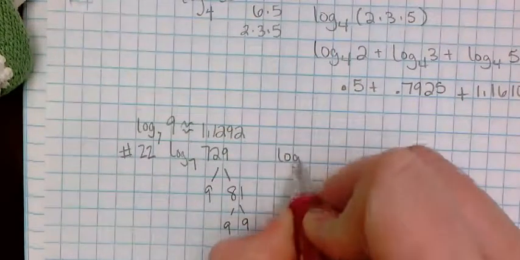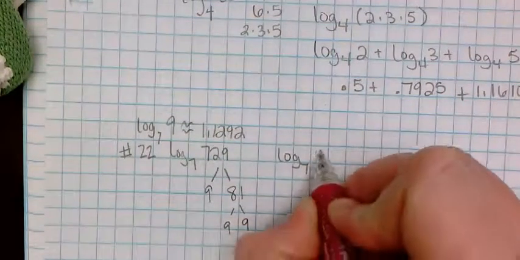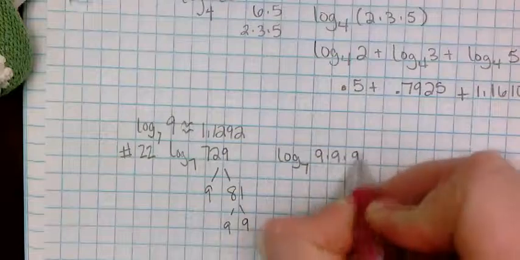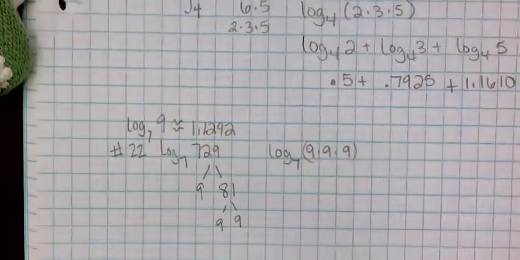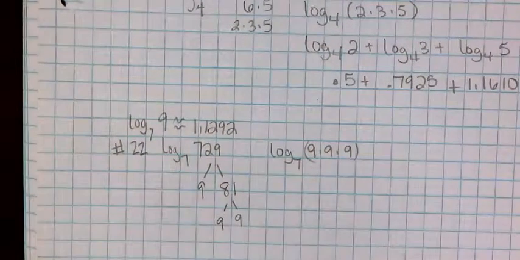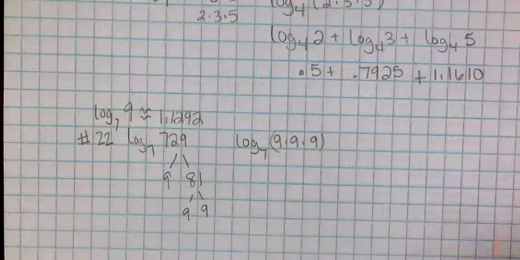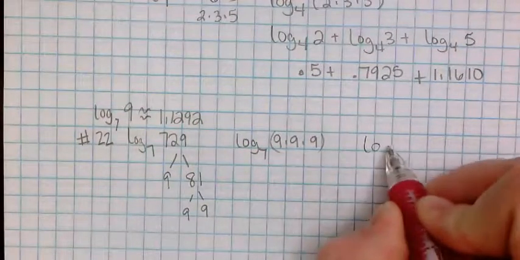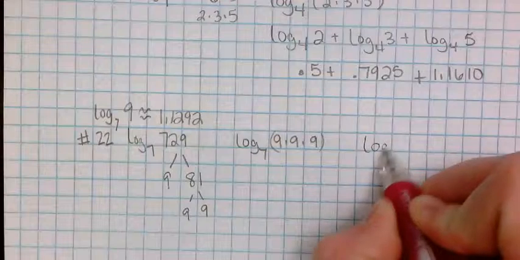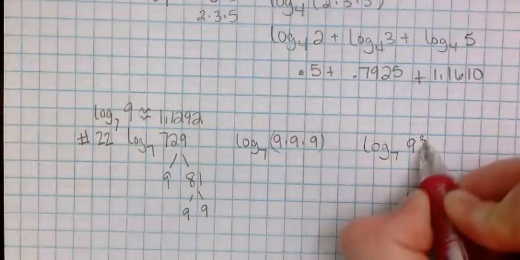So you can have log 7 of 9 times 9 times 9 and do the addition rule like what we did up above. Pardon my kitchen towel right there. Or what you can also do is you can do the power rule of log 7 of 9 cubed.